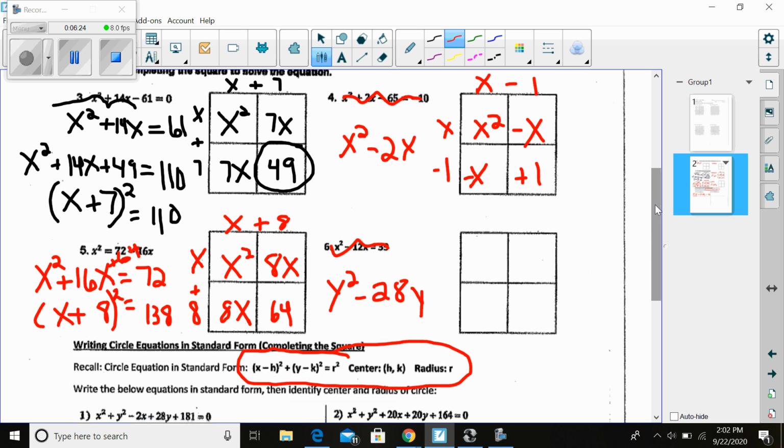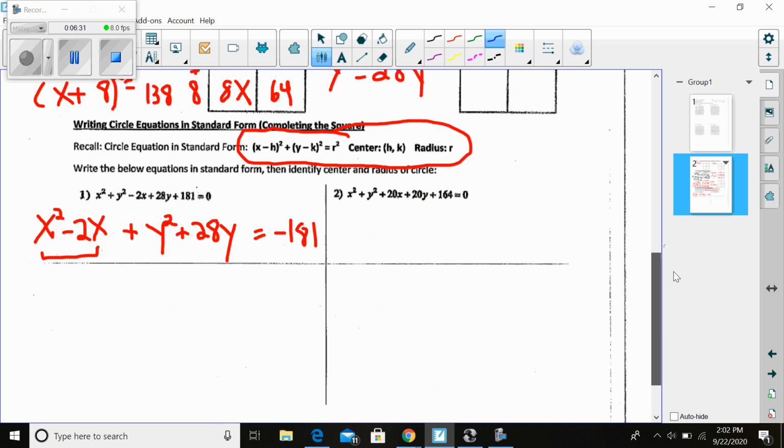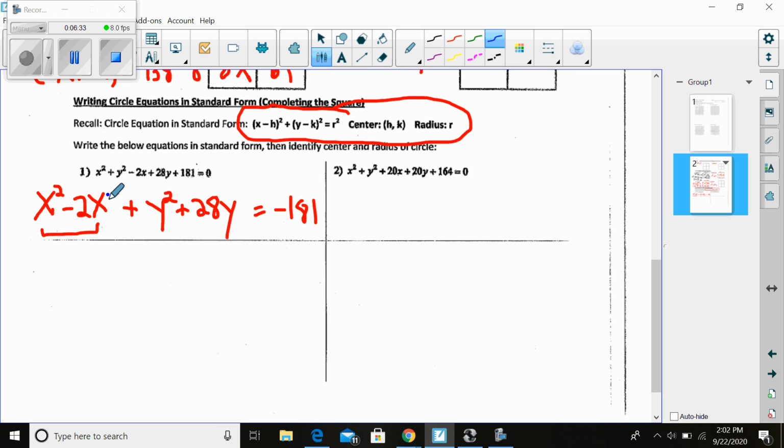So I'm going to come back down to my equation, and I want to add a 1 unit here. Well, I better do that over here as well. Okay, and so now I have completed the square here. I see that that is x minus 1 squared.